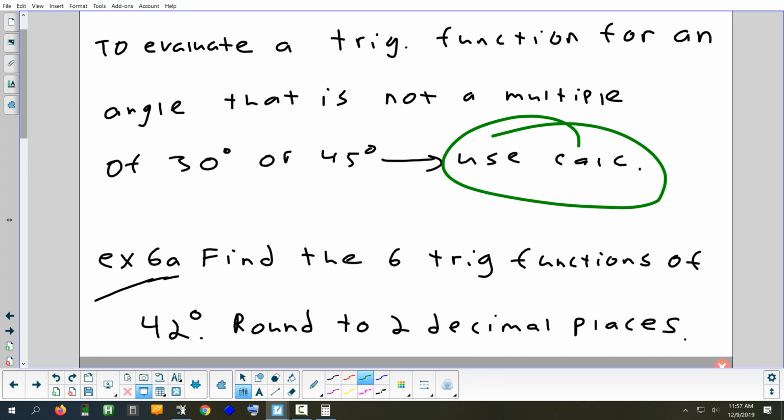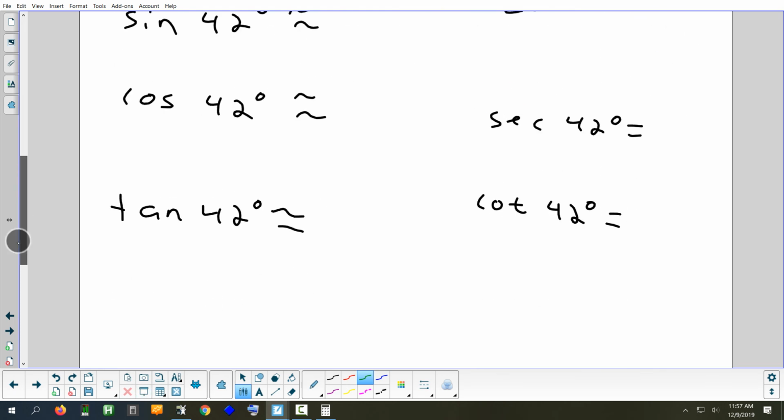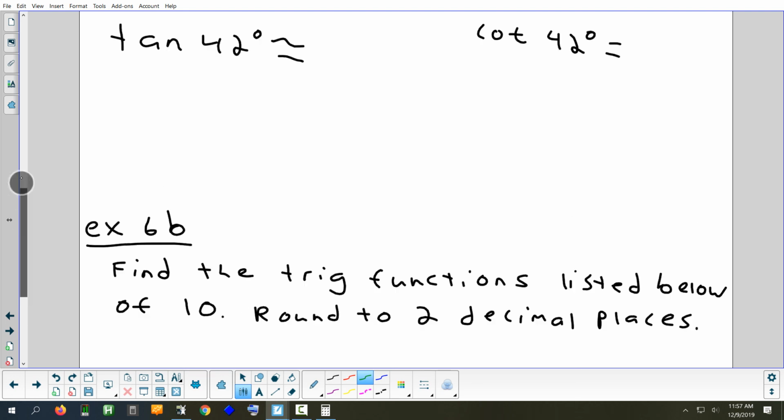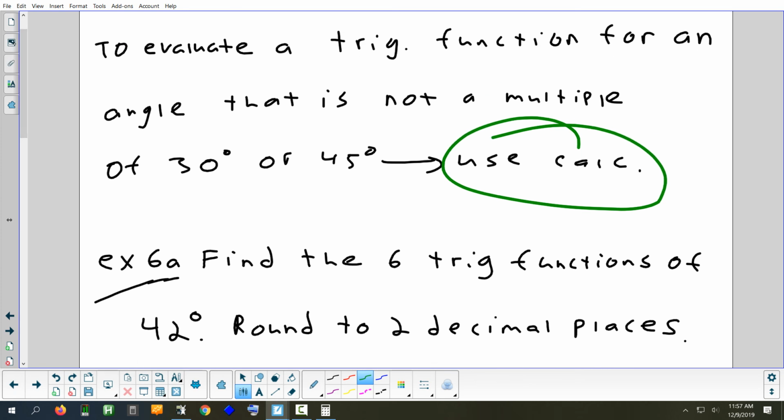Biggest thing you got to be careful about is make sure you're in the right mode. Example 6a is a degree problem. Example 6b is a radian problem. I know it's radians because there's no degree symbol. Okay, very, very easy to do.